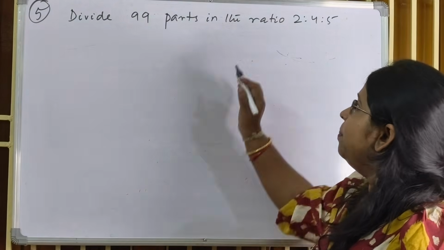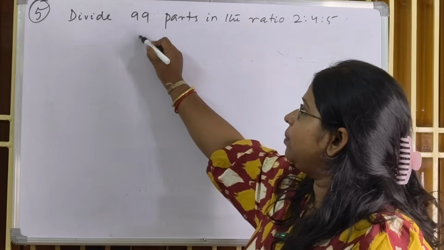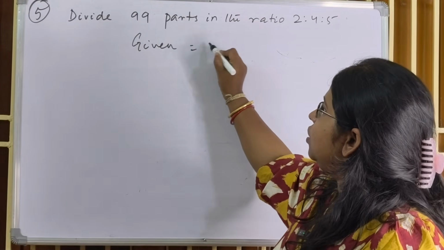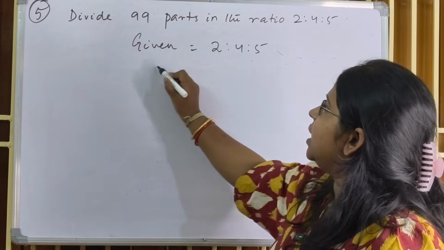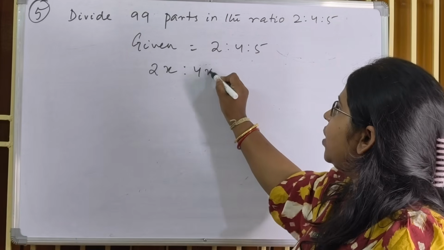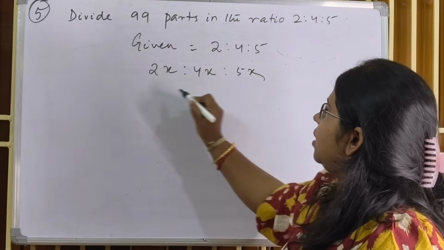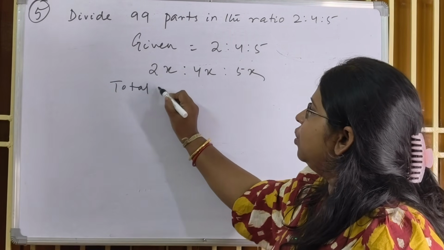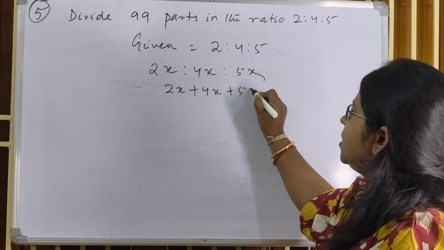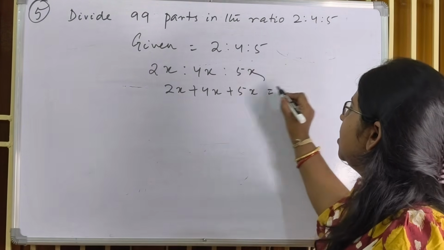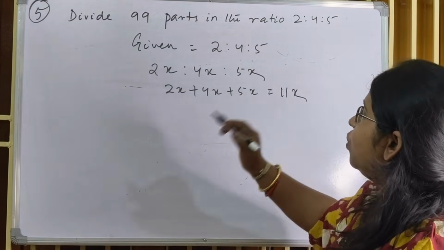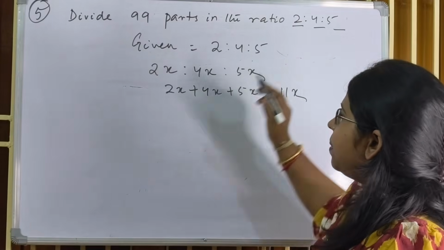Let's divide 99 into parts in the ratio 2 is to 4 is to 5. So given the ratio 2 is to 4 is to 5, we will assume it as 2x, 4x, 5x. Now total part of the ratio, so 2x plus 4x plus 5x. So total part of the ratio is 11x. Now we have to find out the first part, second part, third part.